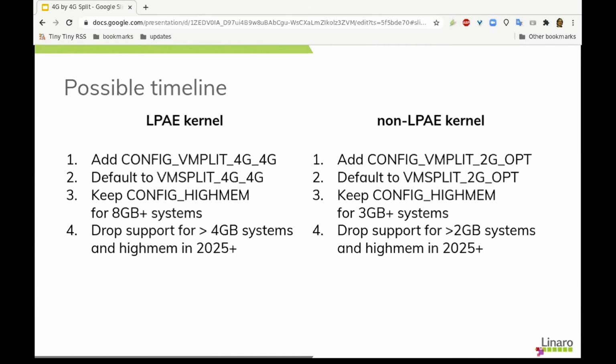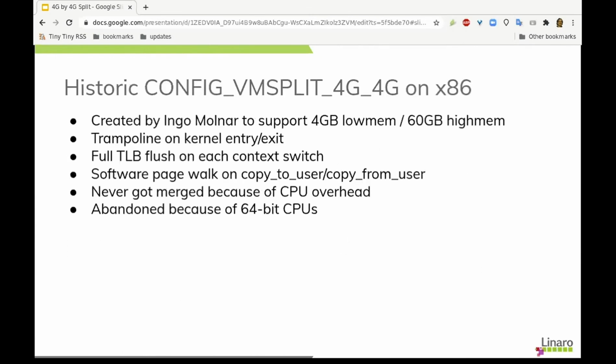And then equally, we would keep using Highmem for some systems, but eventually drop it when we are fairly certain that the existing users do not care anymore. And in both cases, I do not expect to see any new users. So the Highmem system in those two cases would be for users of existing hardware.